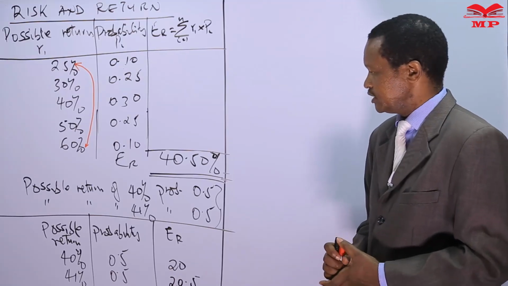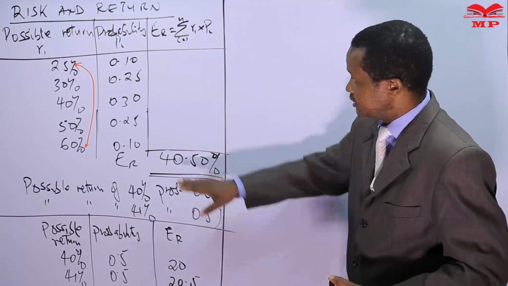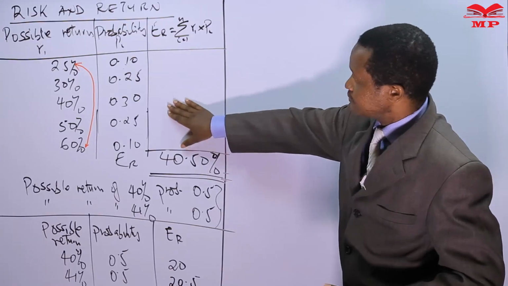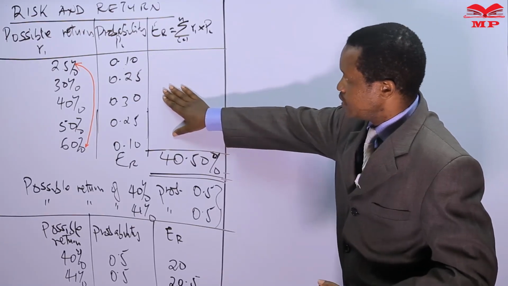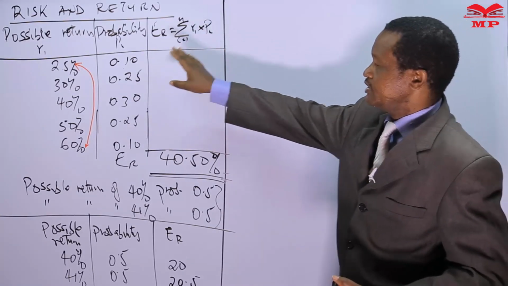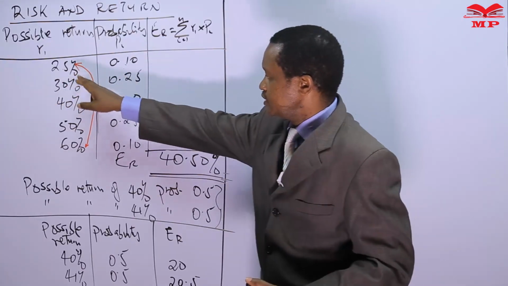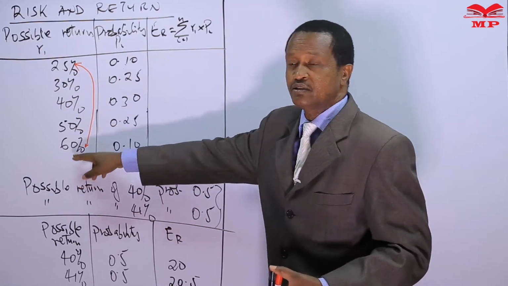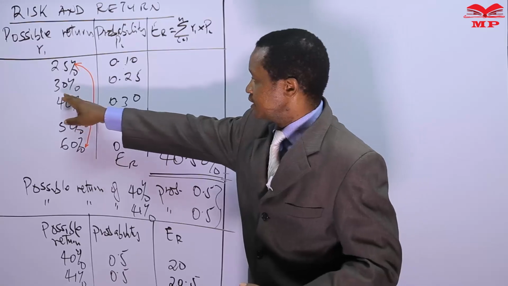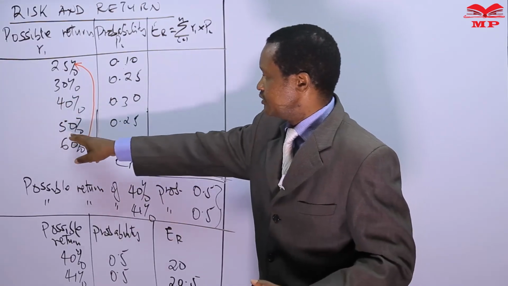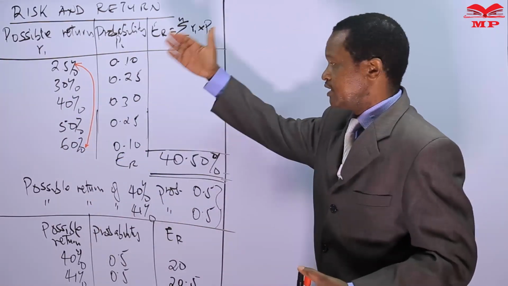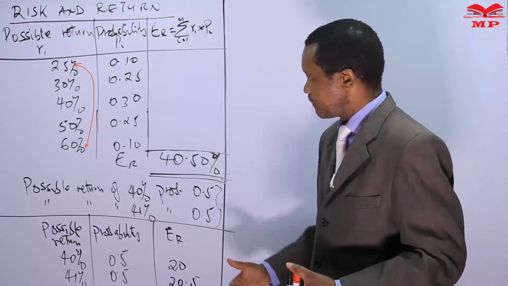because, I'm repeating, you can see in the first scenario we had possible returns ranging from 25 to 60: 25%, 30%, 40%, 50%, 60%. There are many variations.